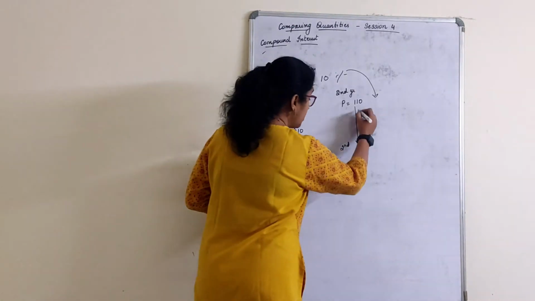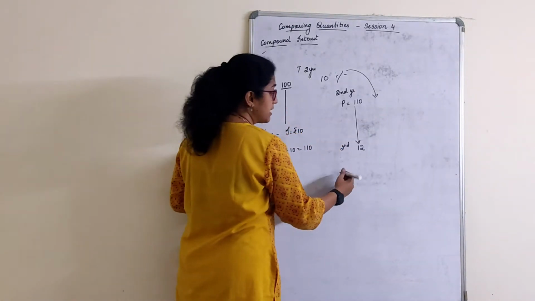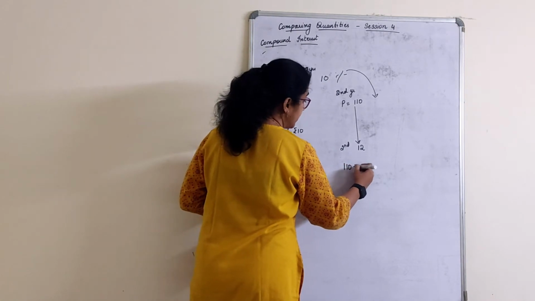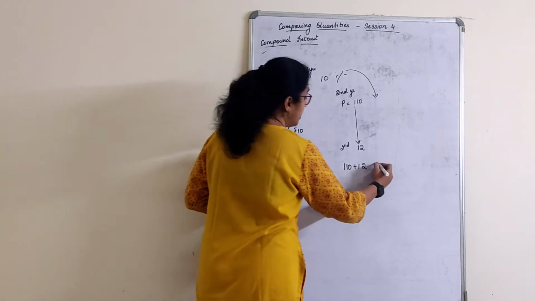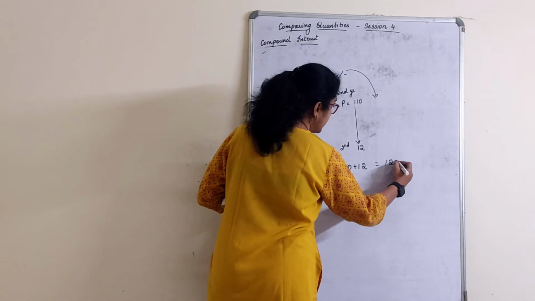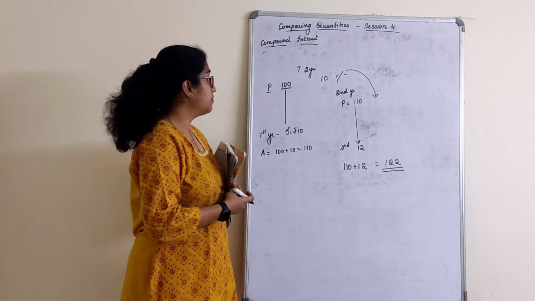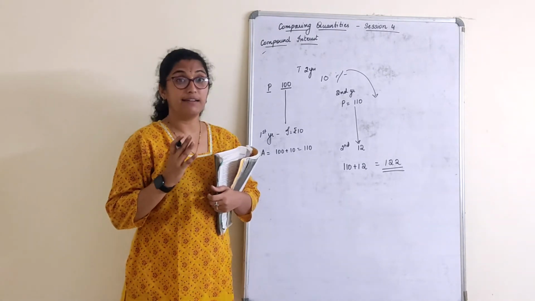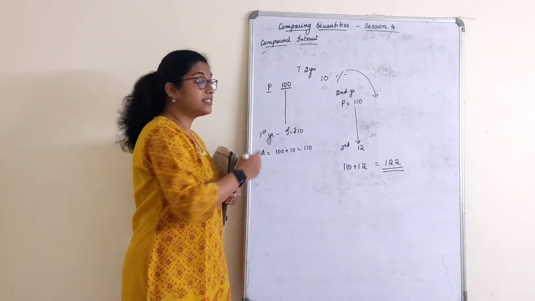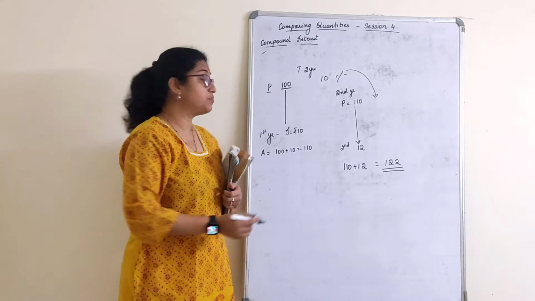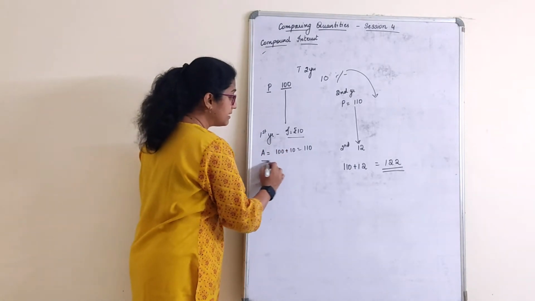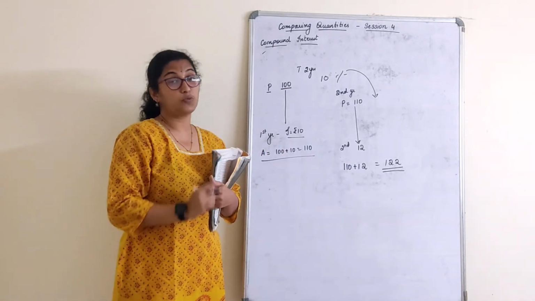So total amount at the end, 110 plus 12, I get 122 rupees. How much had I invested? Only 100 rupees. So interest is calculated on the increased principal. Here the principal increased because of the interest I added.